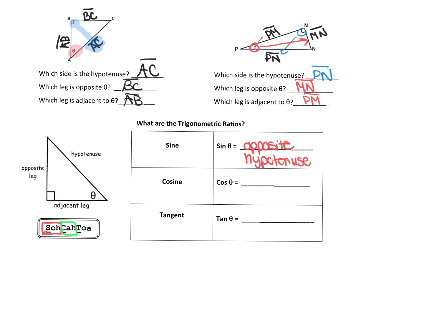Cosine of theta is equal to the adjacent over the hypotenuse. And the TOA, the tangent is equal to the opposite over the adjacent. So it's really important you know this, SOHCAHTOA, because we're going to use it to solve some triangles. So let's go to the back of this page.